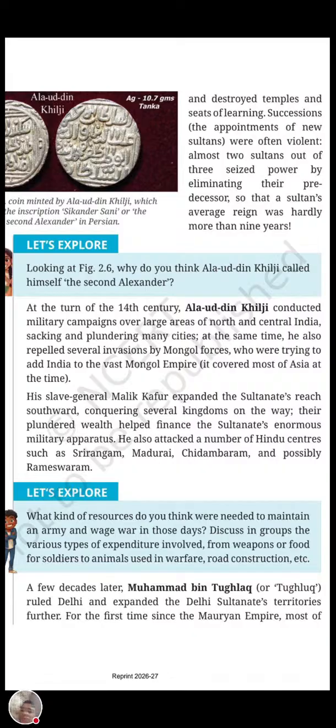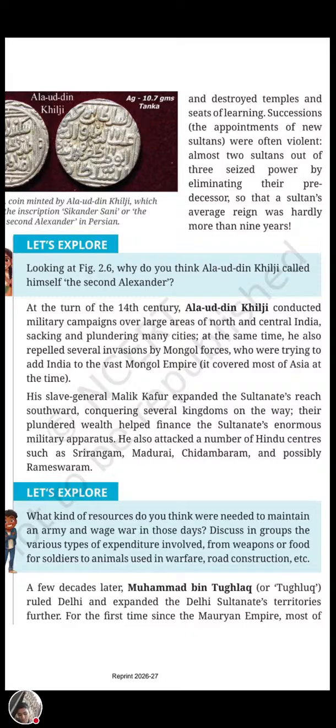This was the whole expenditure of Alauddin Khilji's war and the wages of the soldiers. What were the wages of the soldiers? Wages, matlab salary of soldiers, was 10 to 15 coins per soldier.